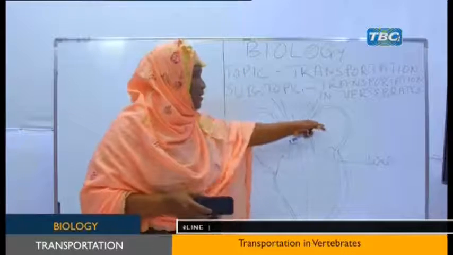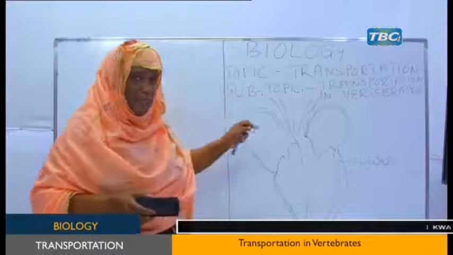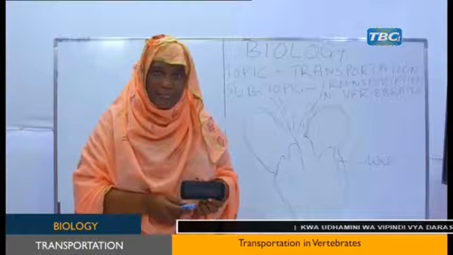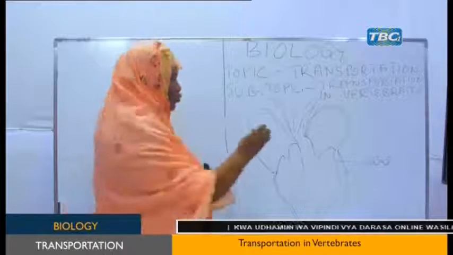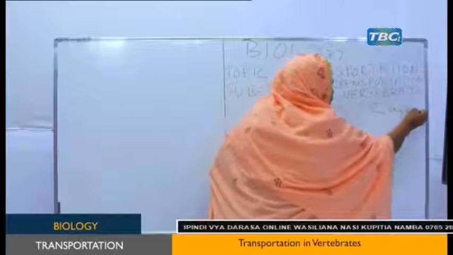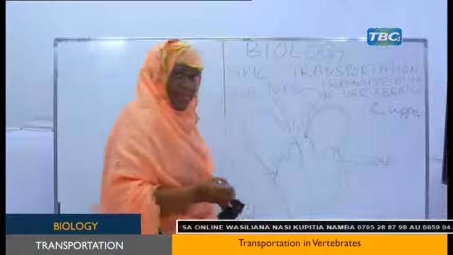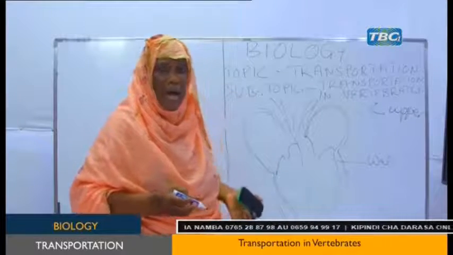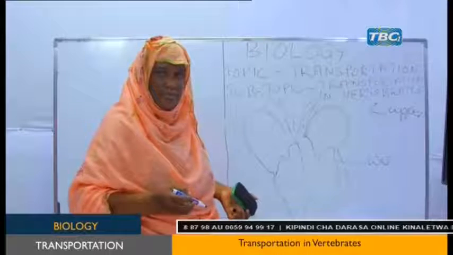Apart from having these walls, the heart is divided into 4 chambers. The 2 upper chambers, these 2, and the lower chambers.